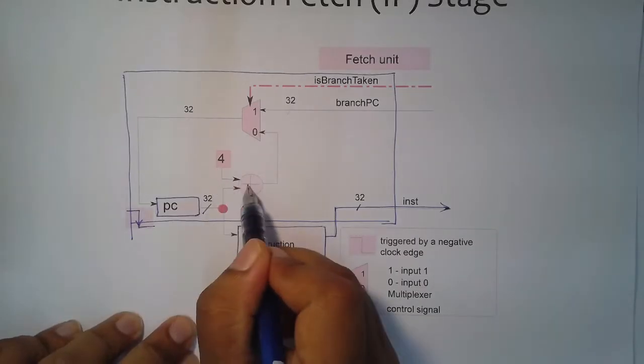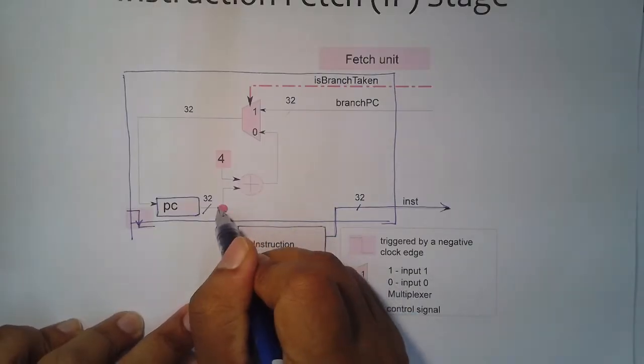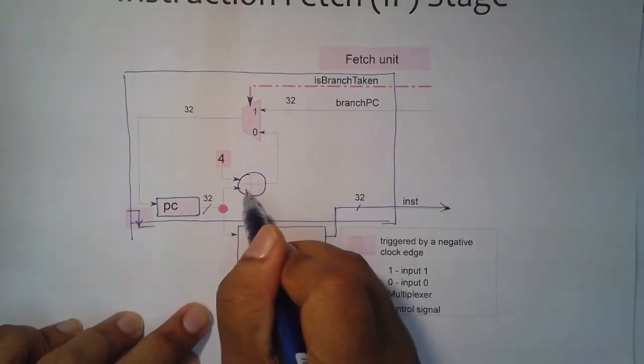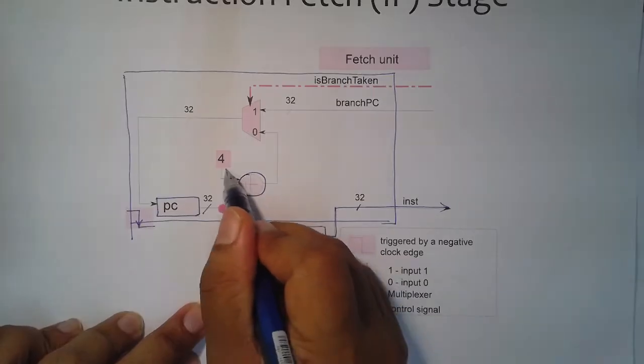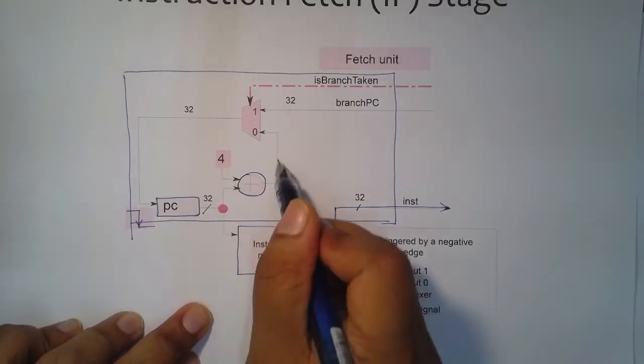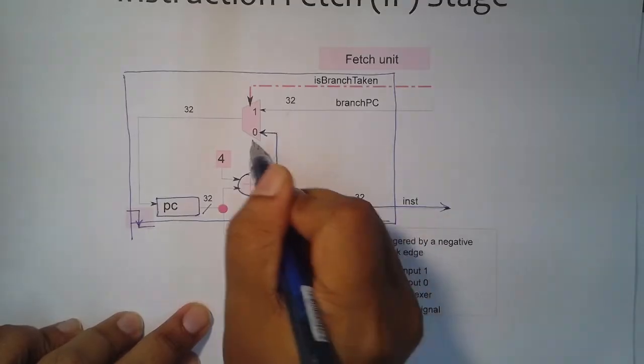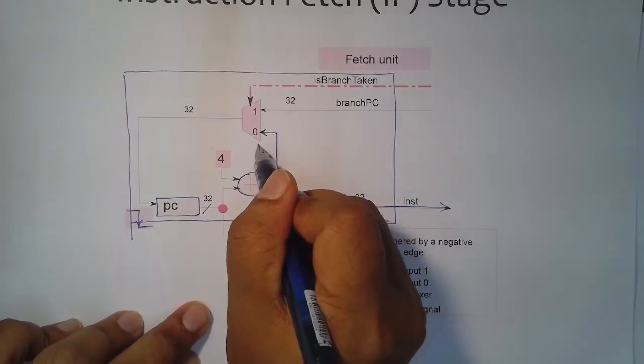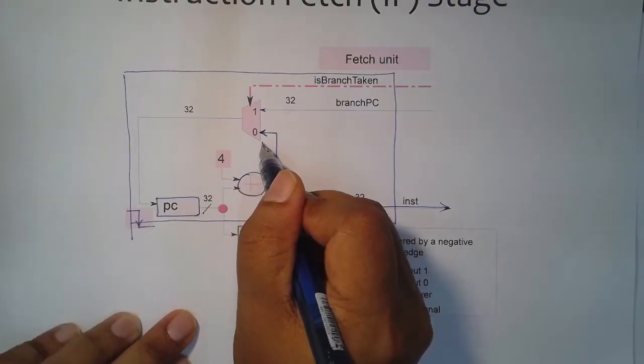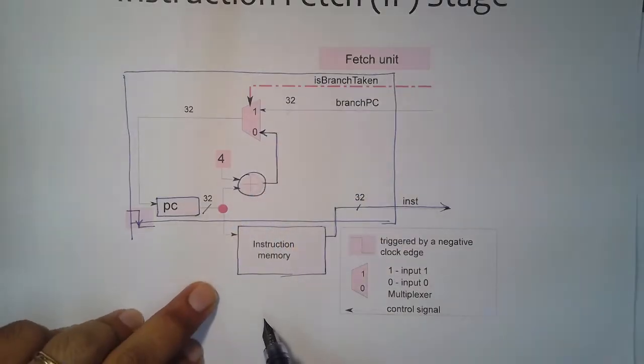So this is one option. I will add 4 to the current PC, and that is one possible next PC, if there is no branch instruction.